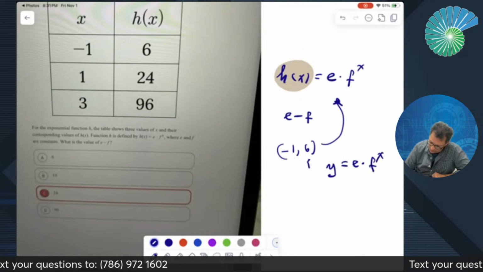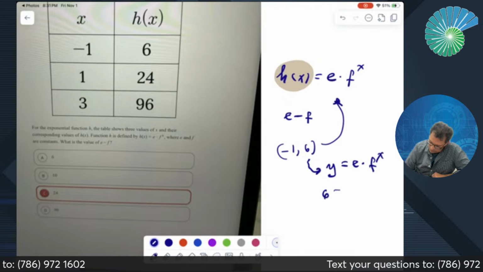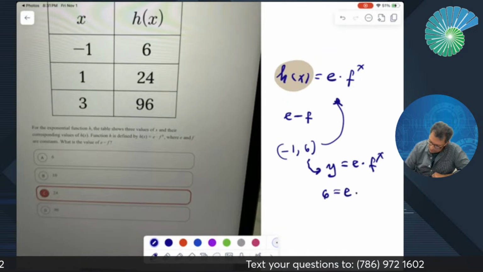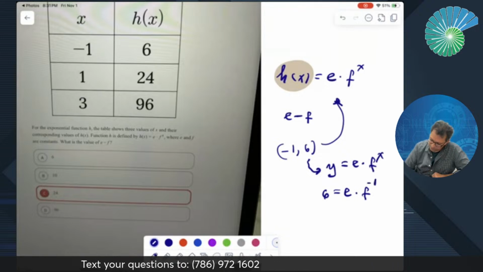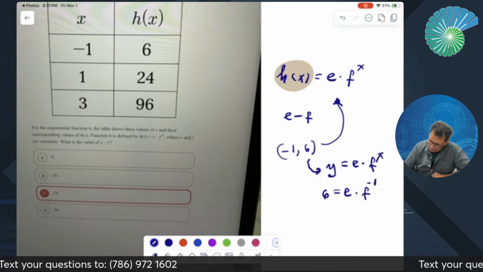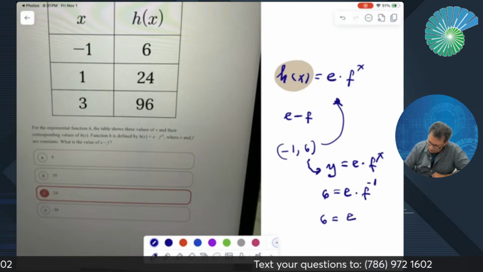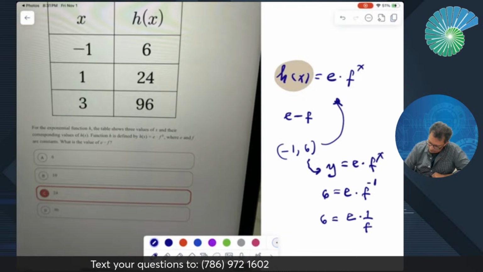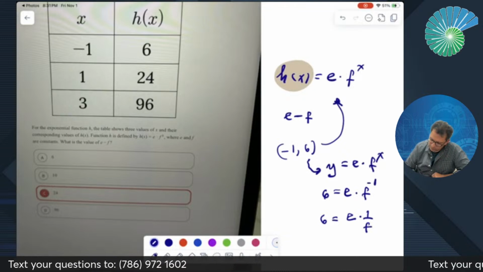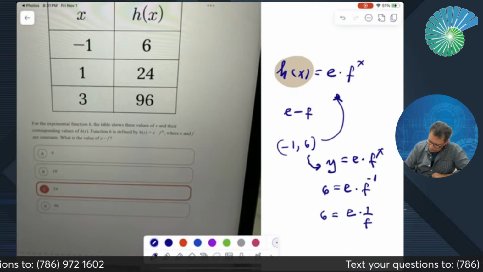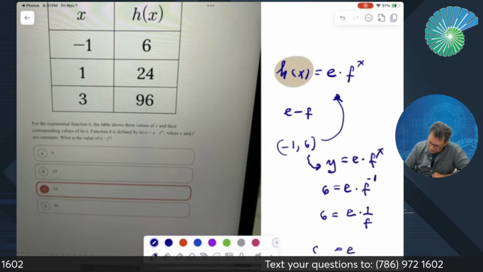But Y is 6. So I put 6 is equal to E times F to the negative 1. Then the F to the negative 1 becomes 1 over F. That means that E is 6F.